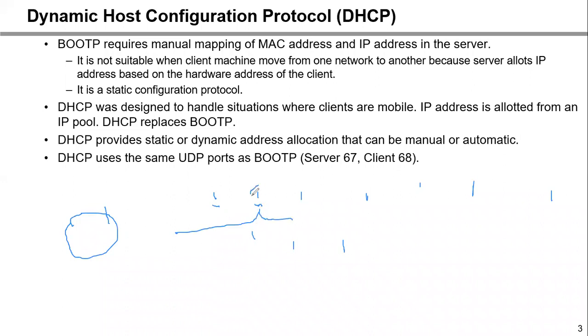The DHCP client doesn't know who is the father of this network or who is the server of this network, so it broadcasts the message. Everyone is getting the message, but only the DHCP server will understand it. No other client or machine is able to understand, because they are also the new babies in the network.